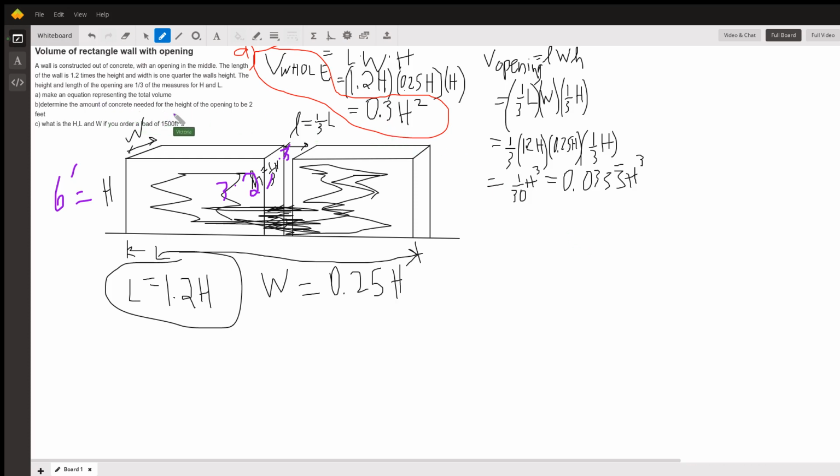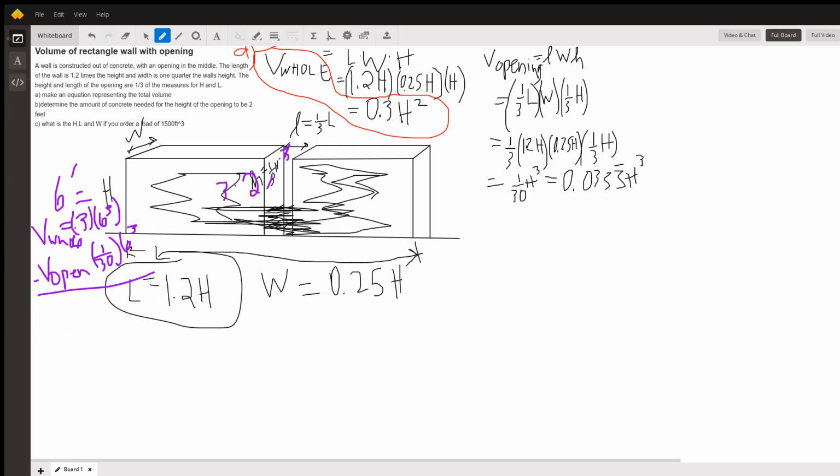So now our whole wall is going to be 0.3 times 6 feet cubed, and our opening is going to be 1/30 times 6 feet cubed. I like 1/30 better because it's not an approximation. Then we have to subtract these, and that's the amount of concrete we need.